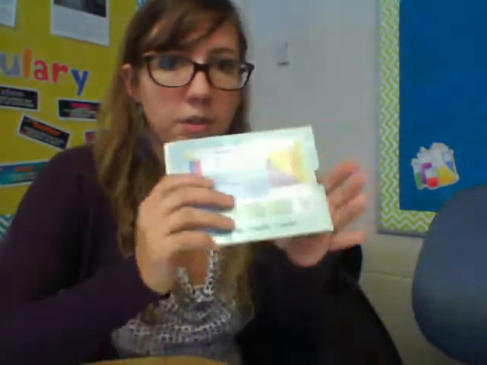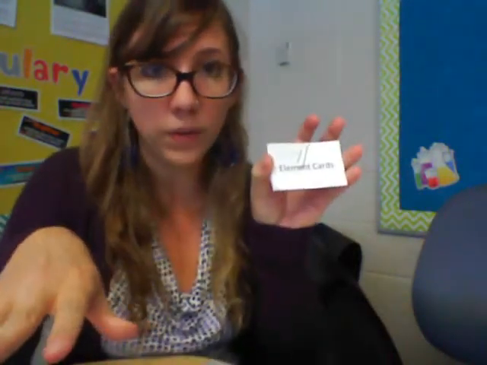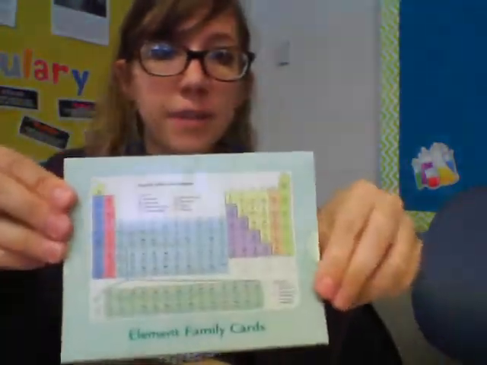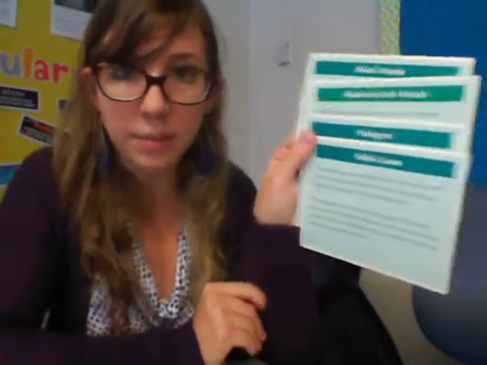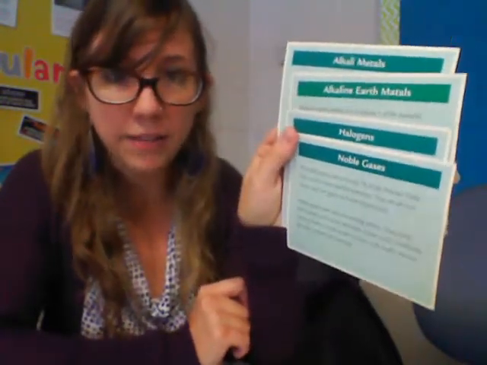is back here you're also going to get element family cards. So remember, this is step 1, sorting them on your own. Step 2, you're going to take out these element family cards. Each family card describes one of the different element families that exist in the periodic table of elements.